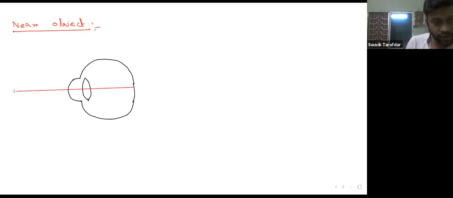This is the principal axis. Nearer object means when we read a book or see a mobile phone. The nearest object from where we can see, means we can see the object clearly.